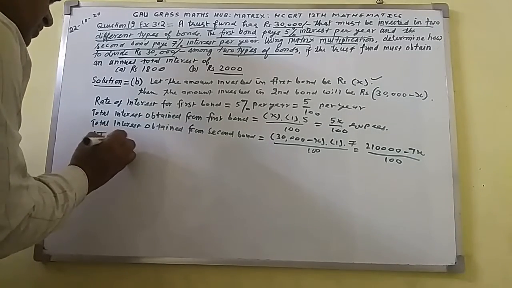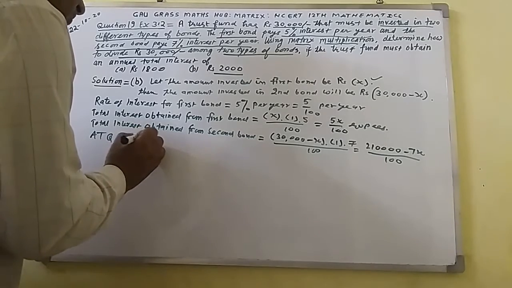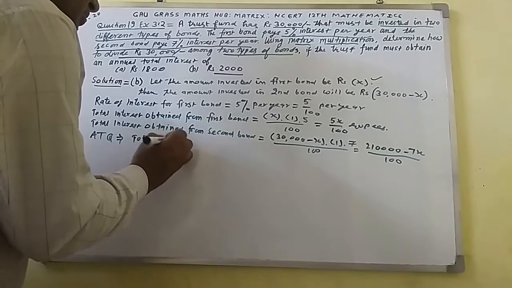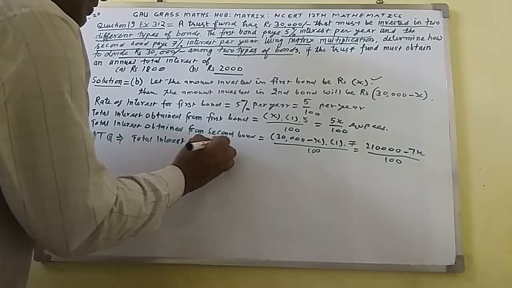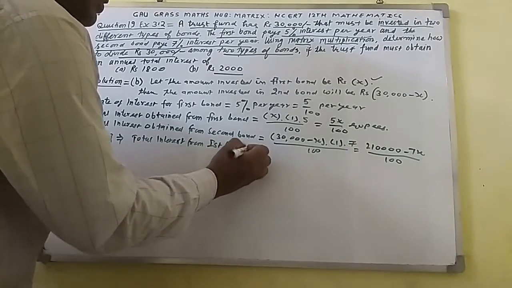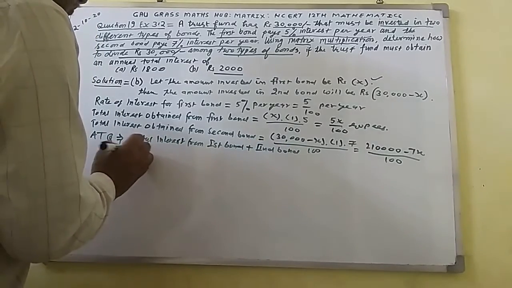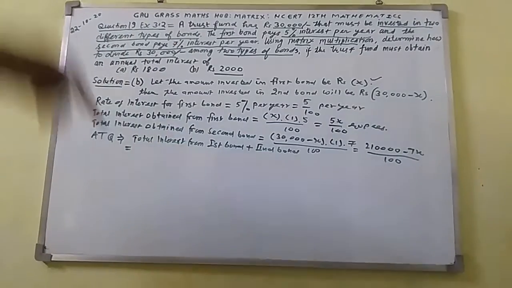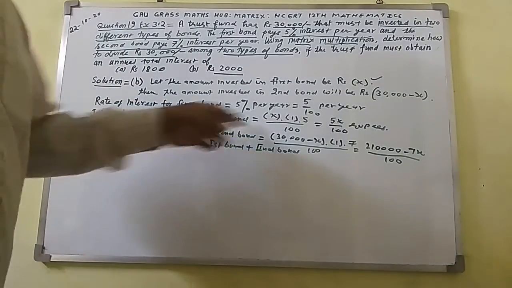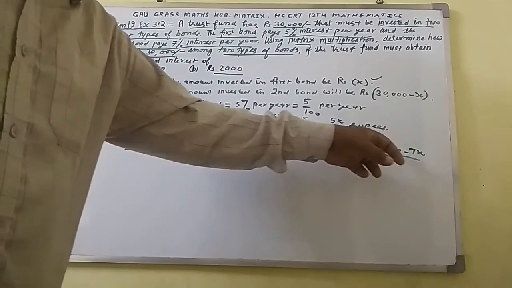So according to the question, the total interest from the first bond plus the second bond is equal to: total interest from the first bond 5X over 100, plus total interest from the second bond 2,10,000 minus 7X over 100.